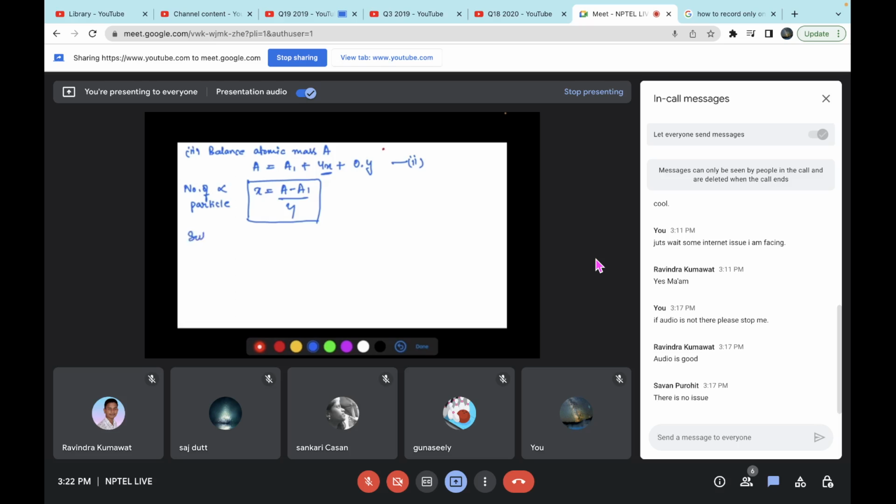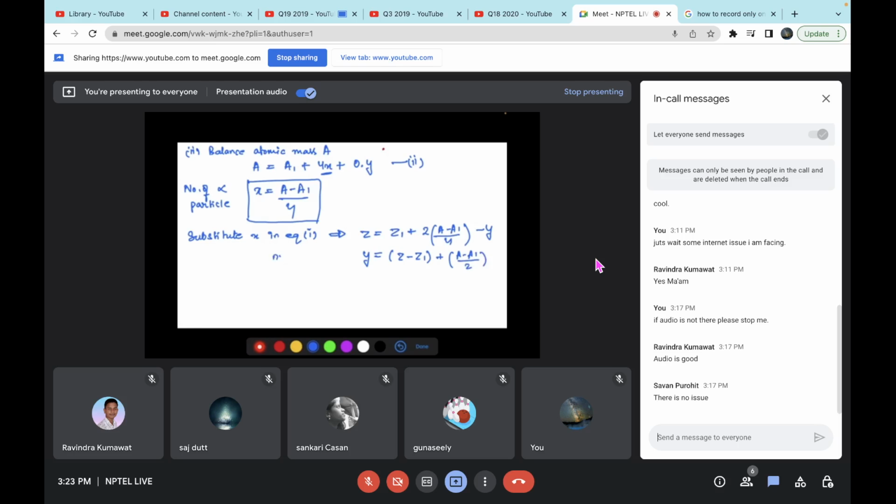And if I substitute X in equation 1, I get Z is equal to Z1 plus twice (A minus A1) by 4 minus Y. Hence, Y will be Z minus Z1 plus (A minus A1) by 2.